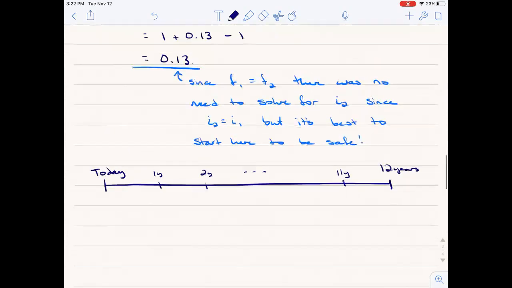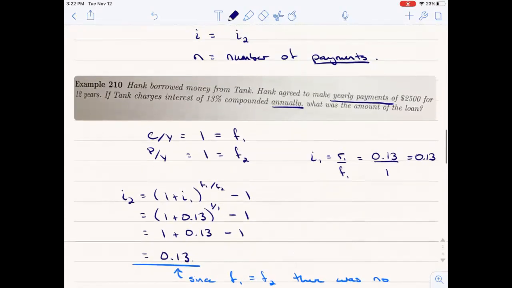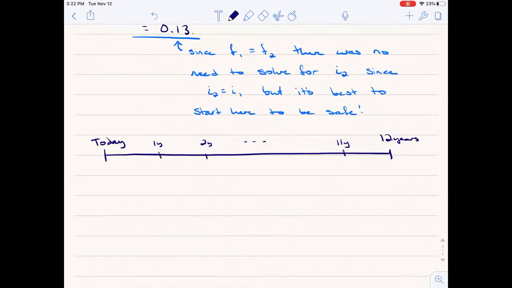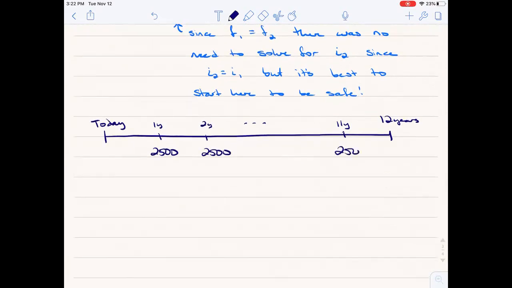So Hank borrowed money, and he's going to make yearly payments of $2,500 for 12 years. That means at the 1-year mark he makes a payment of $2,500, at the 2-year mark $2,500. These amounts don't change.